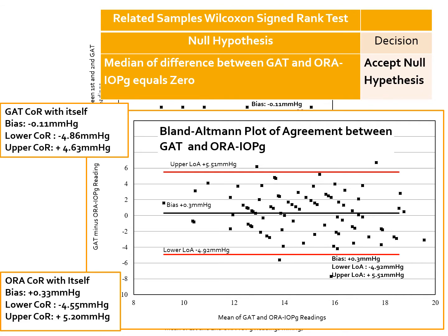So when we do the Wilcoxon signed rank test and the null hypothesis, we do accept the null hypothesis. Those two machines do agree with each other, and they're only 0.3 millimeters away in the bias. But it's the range, the variability in the system, that's really the problem. And that's a really difficult one to try to control.